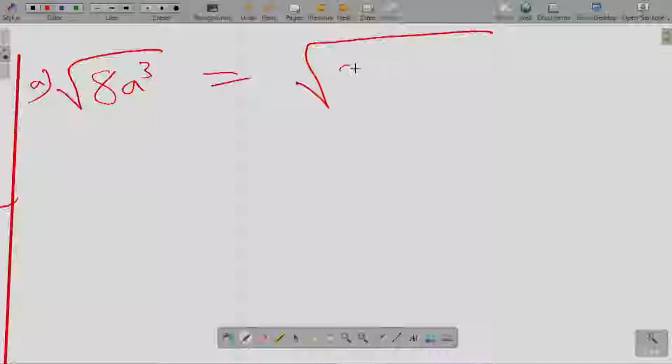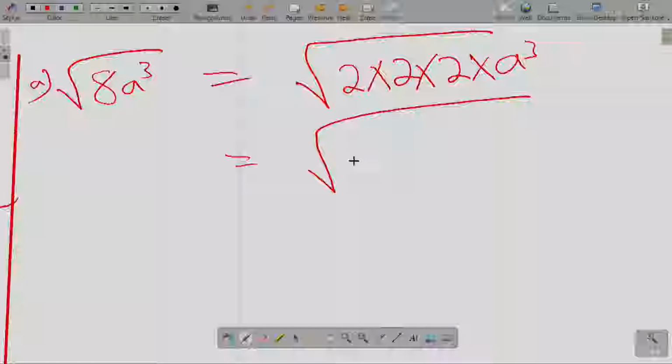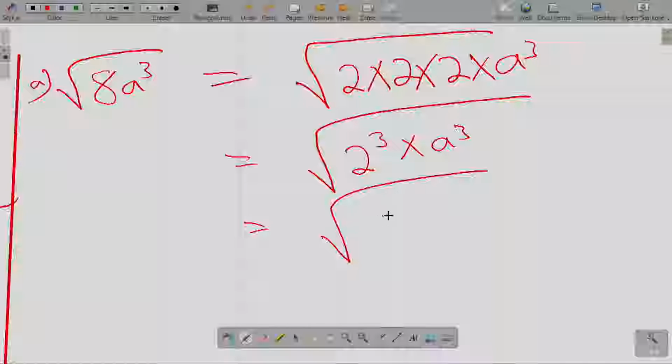8 is equal to 2 times 2 times 2. And here we have a cubic. This is equal to 2 to the power 3 times a cubic, which is equal to (2a) to the power 3, because they have the same powers.